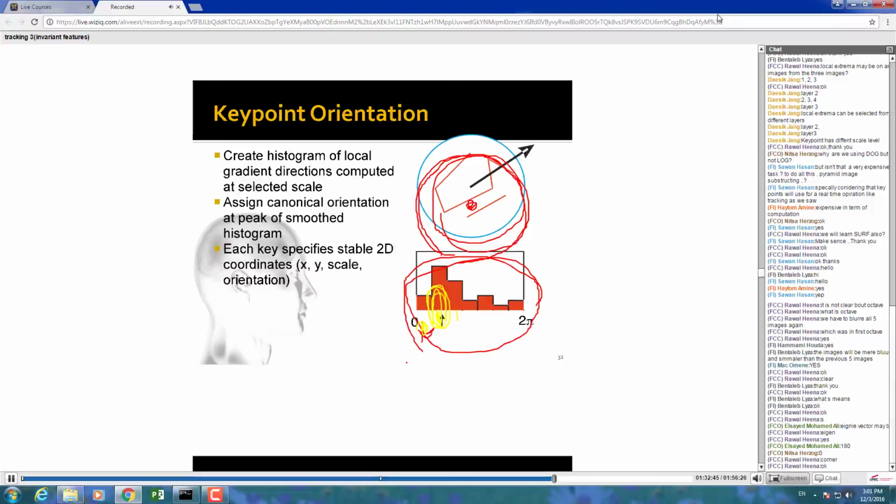But there should be some dominant angle that has the maximum number in the angle range, similar angles like around 90 degrees in this case, for example, then 45 degrees, for example. Then the orientation of these key points can be determined using this dominant angle in this angle histogram.